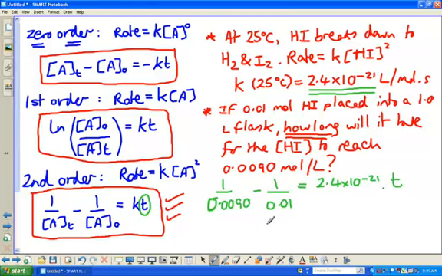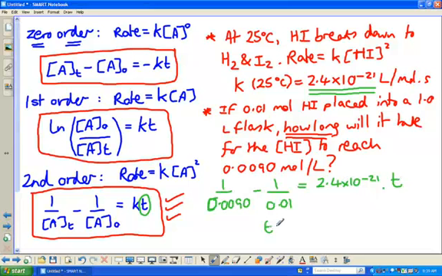And we're going to be solving for time. Now, what units for time are we going to calculate? Well, if concentration is moles per liter, 1 over that means liters per mole. This is liters per mole per second, and all those will cancel out and leave just seconds.